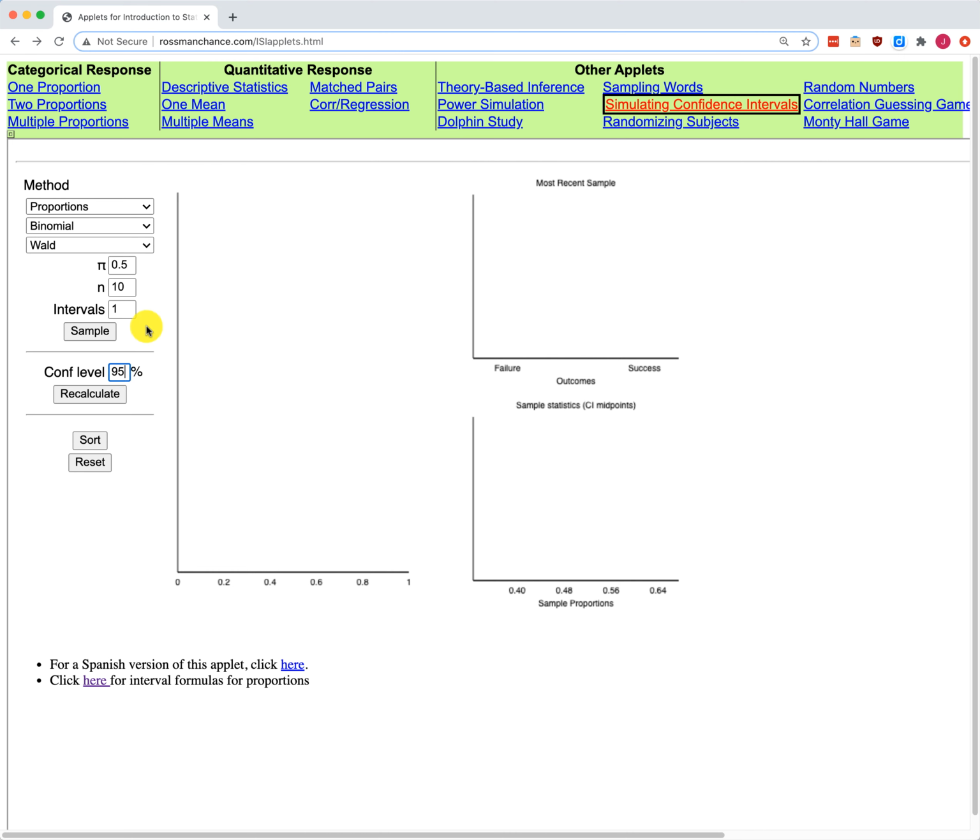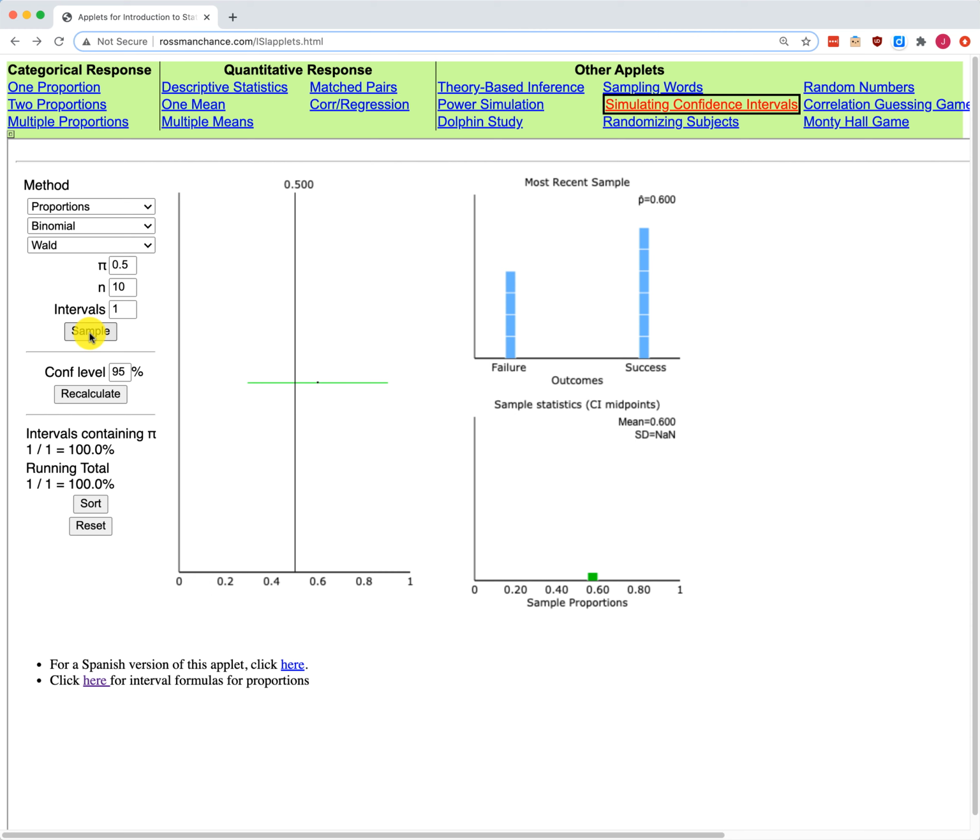All right, now we need to actually calculate a confidence interval. We could do this by hand by looking at the p-hat and then the z-score and then the standard deviation and come up with an interval. But I'm just going to push sample, and some of these tables start getting filled in. In the upper right box, we have the outcomes from our 10 people sampled, and how many were failures and how many were successes.